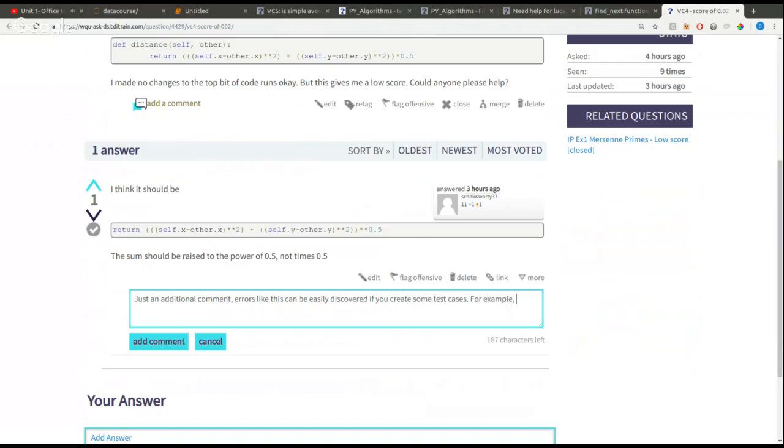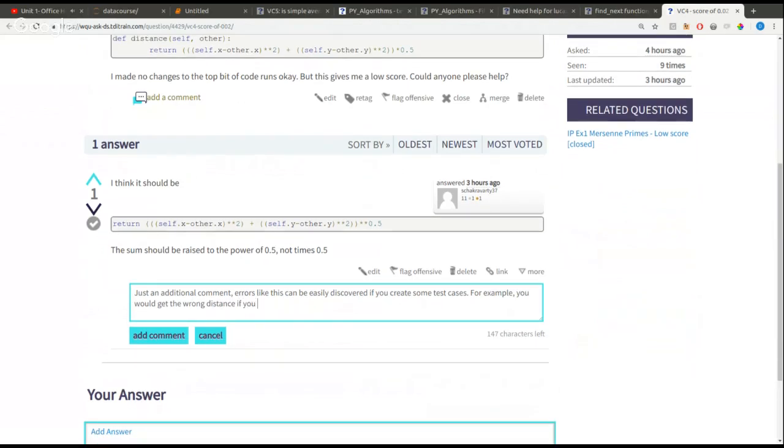For example, you would get the wrong distance if you did point one, so point like 10, 0 dot distance, point minus 10, 0, right?